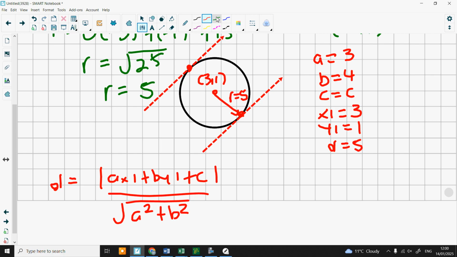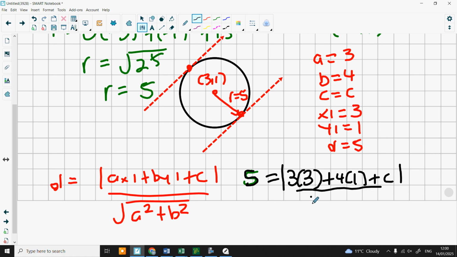Okay, let's do it. So 5 equals ax1, 3 times 3 plus 4 times 1 plus c all over the square root of 3 squared plus 4 squared.